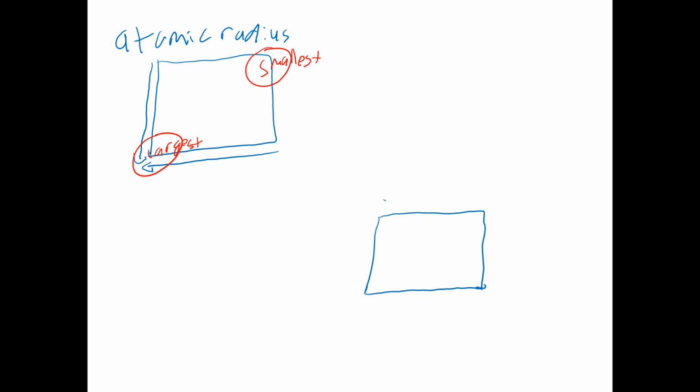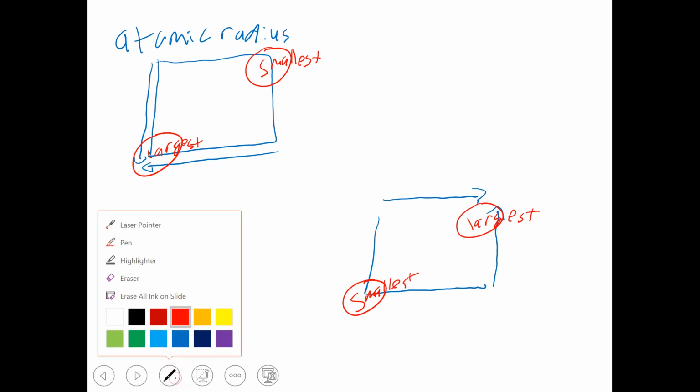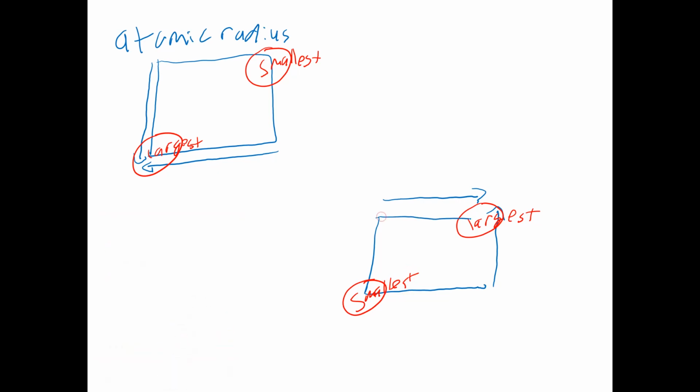If we look at ionization energy and electron affinity, the trend is exactly the opposite. Our largest, or our most negative, is up here in the top right, and our smallest, or our least negative, is in the bottom left.